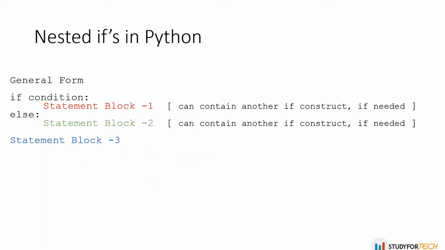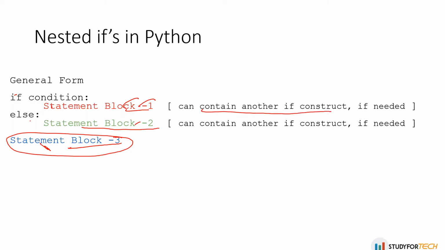So here you can see if condition a statement block 1, else a statement block 2, and a statement block 3. This is independent of this particular if and else. This will be executed at any cost, but this particular block 1 and block 2, any one of them will be executed. And this block can contain another if construct if needed. So what is the meaning of this?